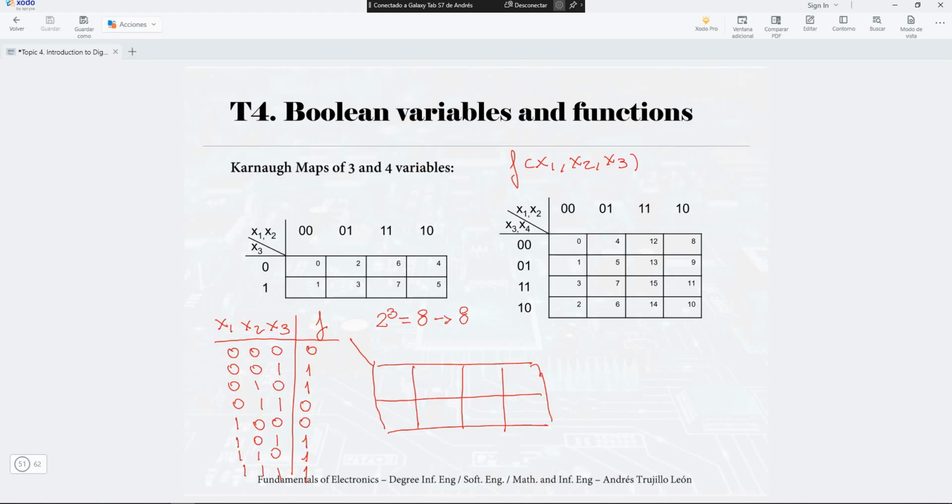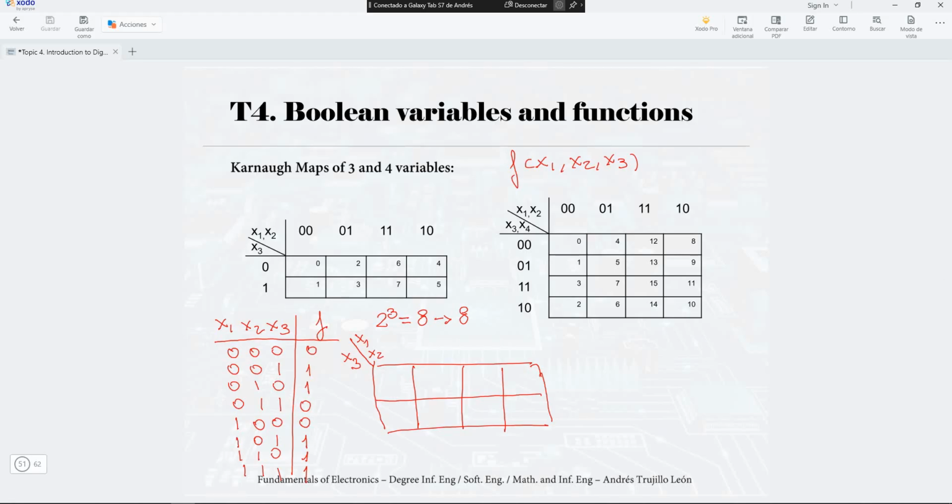And now we have to put here the variables of the function. Since we have 4 columns, we are going to put 2 variables, and since we have 2 rows, we are going to write 1 variable.